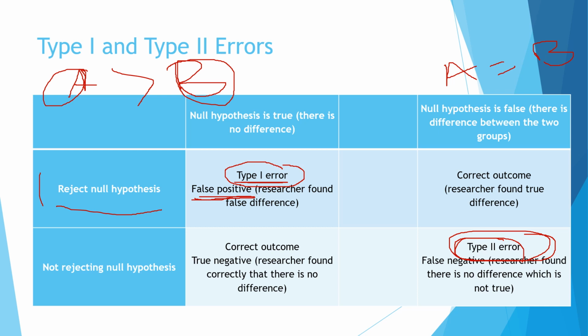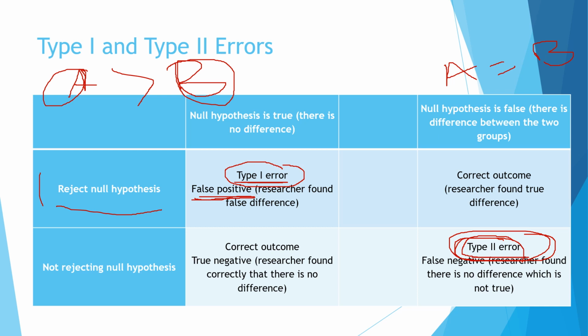So at the end of the study, he says, I'm not going to reject the null hypothesis, I'm going to accept it, while the null hypothesis was false. The null hypothesis said A and B are equal when actually A was better than B. So this is type 2 error. This is false negative. He couldn't find a difference, but there was actually a difference.